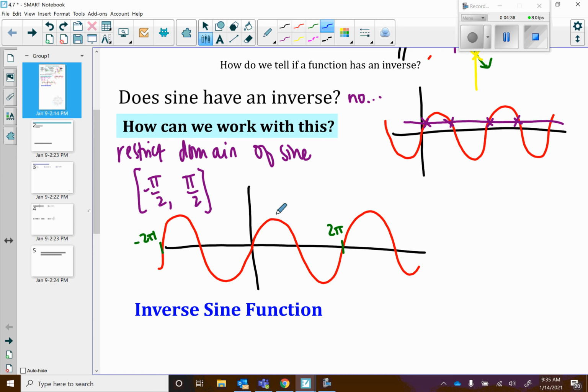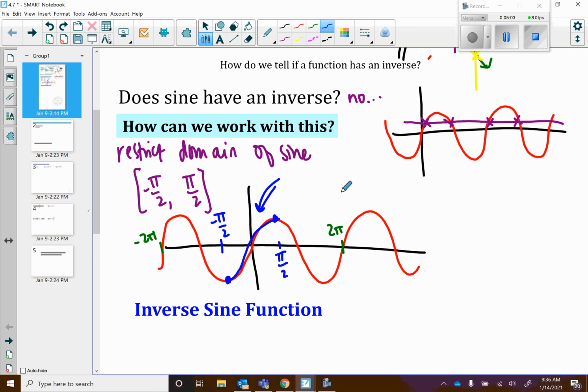But if I only look at a piece of it, specifically this little part right here, from pi over 2 to negative pi over 2, if I say we are going to cut this graph, ignore everything else and only focus on this piece, then sine does have an inverse because it passes the horizontal line test from negative pi over 2 to positive pi over 2.